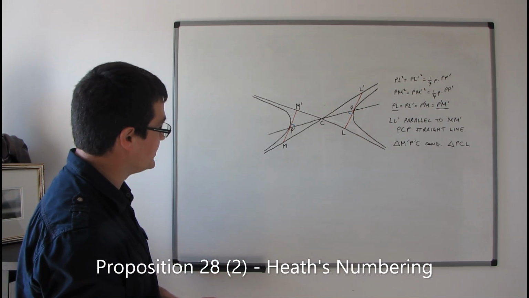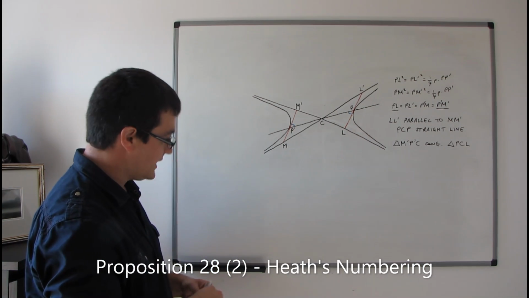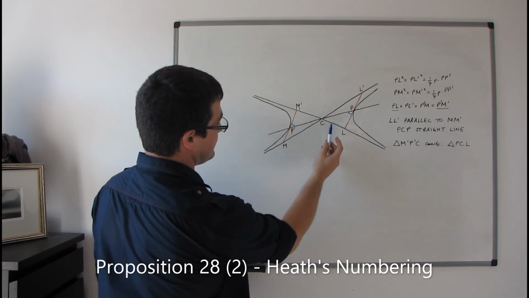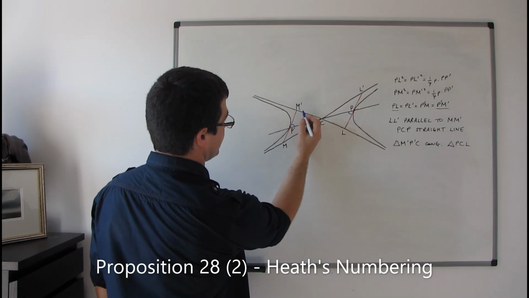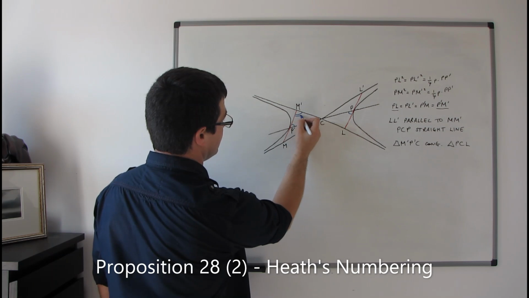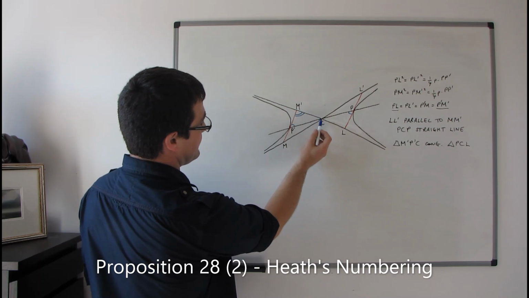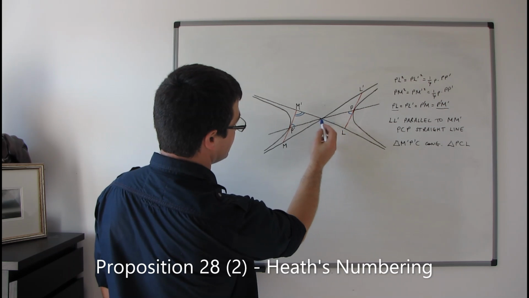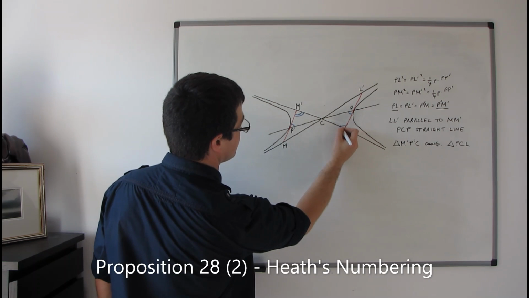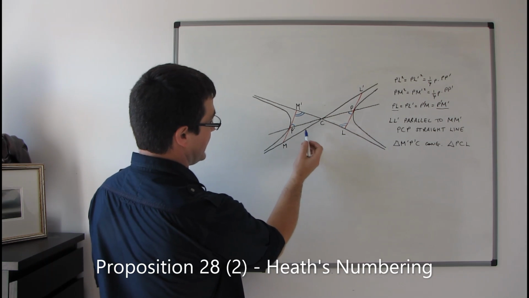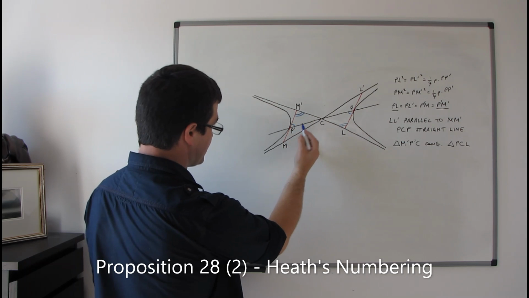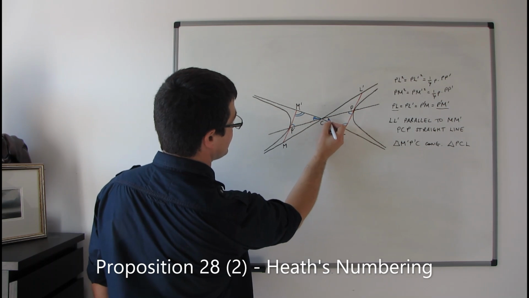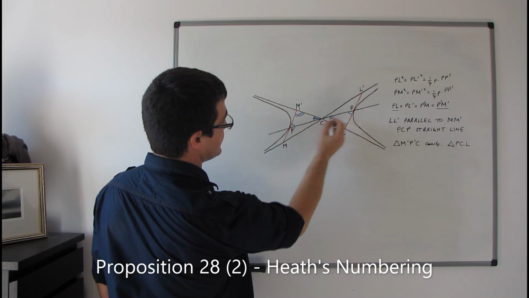So if they're congruent, then not only is angle CP primed M primed equal to CPL, we've also got the angle P primed M primed C is equal to angle PLC, and also the angle M primed C P primed is equal to the angle PCL.